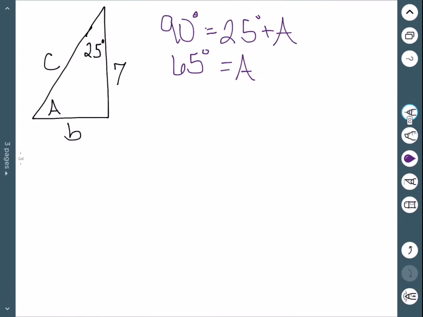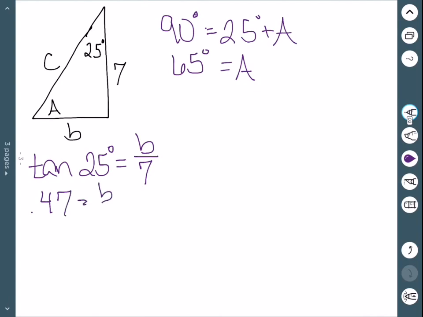If we then want to find b, we can use the fact that tangent of 25 degrees is opposite over adjacent, and then we can solve this equation. We start with tangent of 25, which is approximately 0.47. We can then multiply by the denominator of 7 to get 3.26 is equal to b.